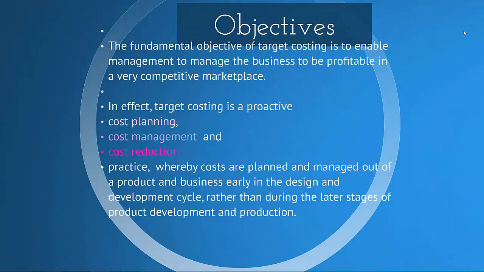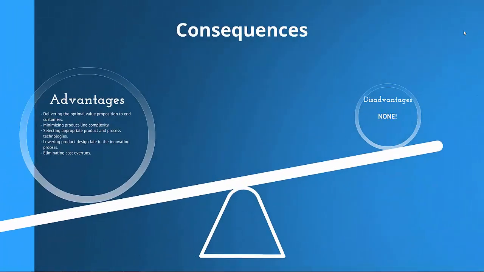The main objective of the target costing technique is to enable management to manage the business to be profitable in the marketplace. This effectively makes target costing a proactive cost planning, but also cost management and cost reduction practice.